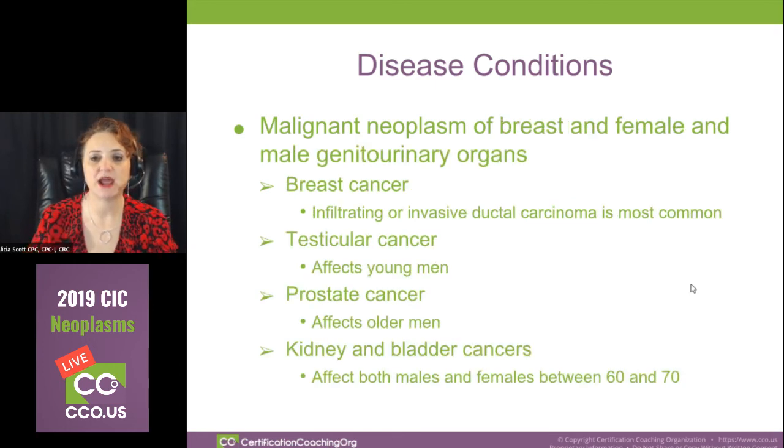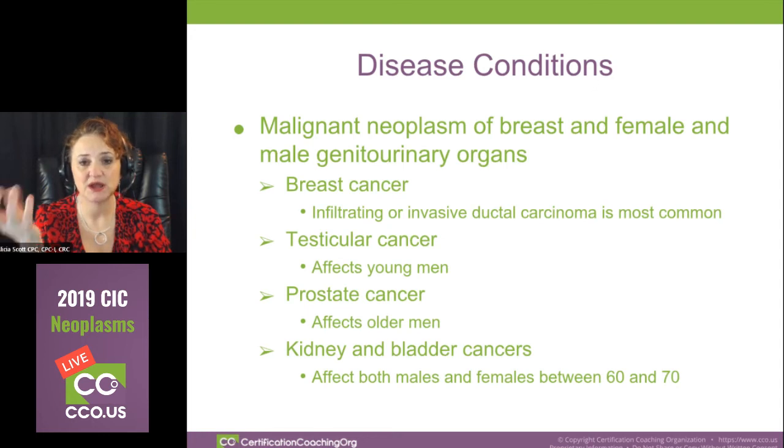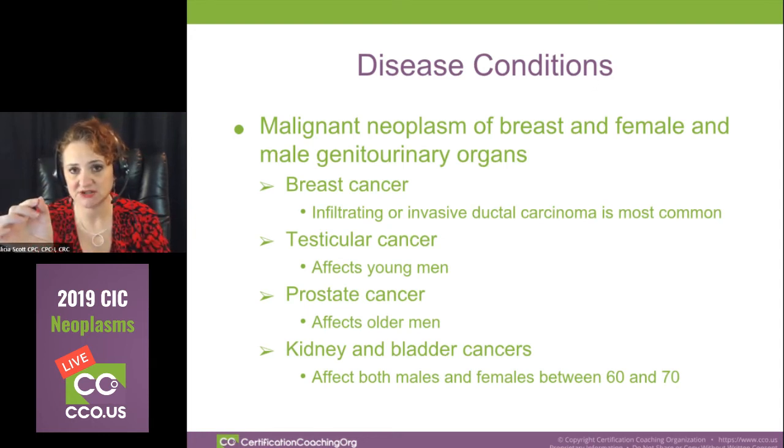Now let's talk about what happens with the breast and female and male genitourinary cancers. Just a word of advice for testing purposes as well. Men can get breast cancer. Men have breast tissue. They just don't have as much breast tissue as women, right? So again, just because it says male in the documentation, don't think that a male can't get breast cancer.